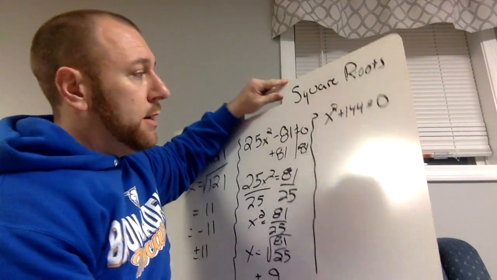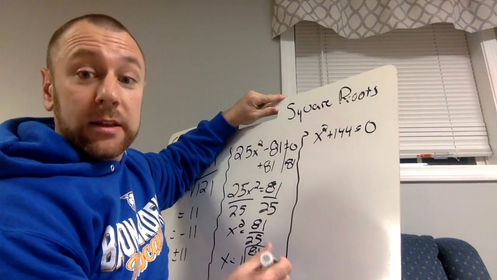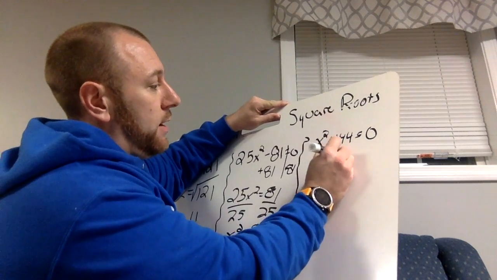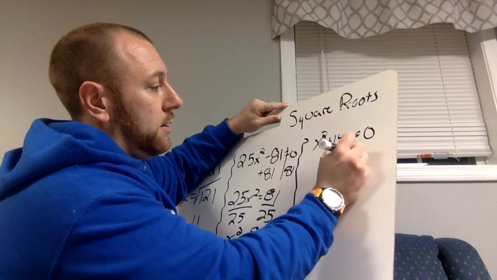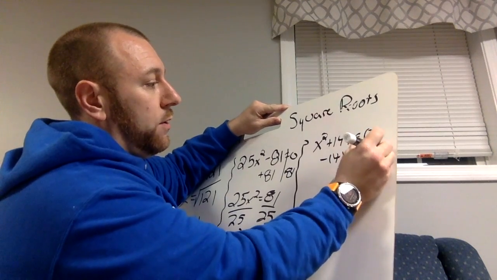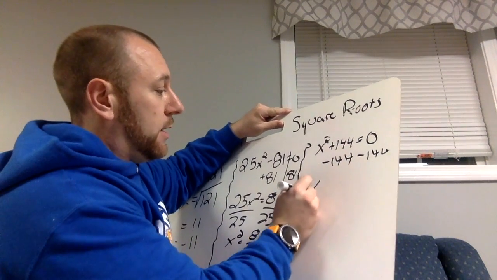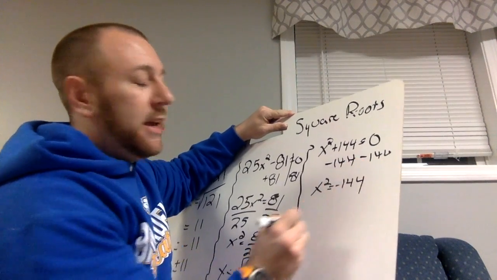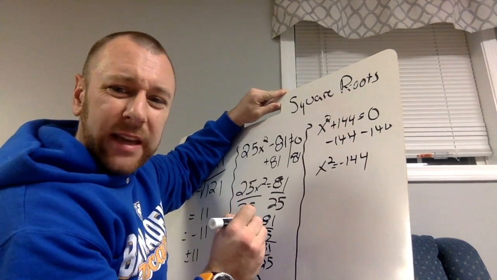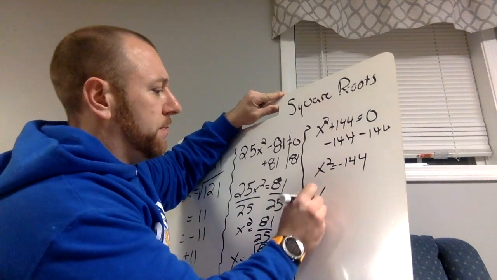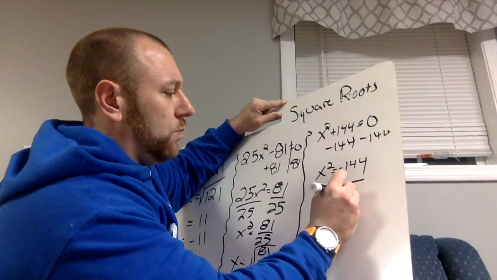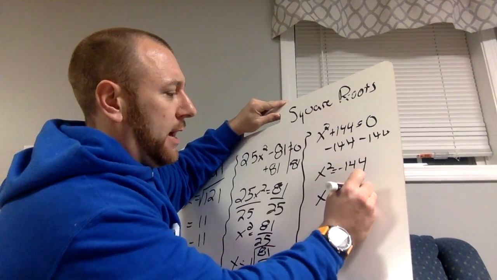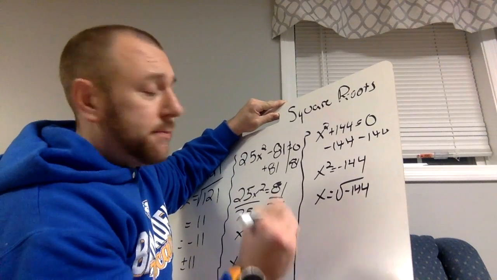And then the last tricky one on the simple ones is if I subtract 144 from both sides, I get x squared equals negative 144. And if you remember, we usually can't take the square root of negative numbers. We usually write that as no solution.